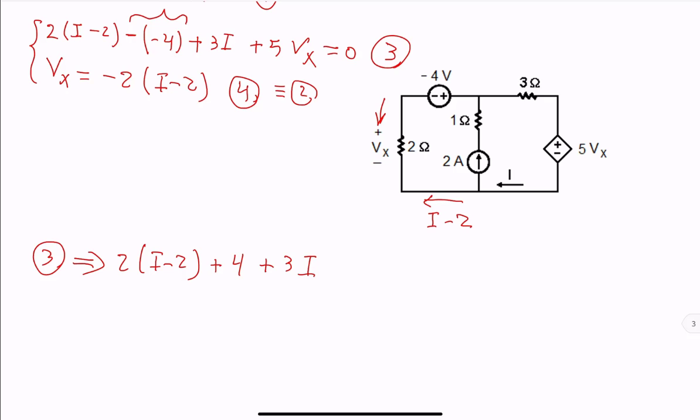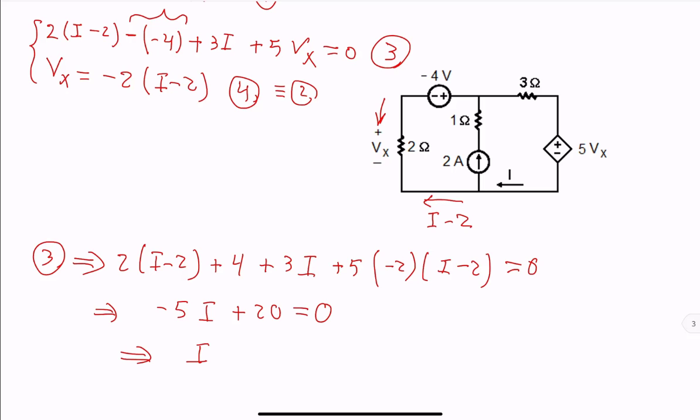Plus 5Vx, plus 5 times negative 2 times I minus 2 equal to 0. And that simply gives us negative 5I plus 20 equal to 0, and I equal to 4.